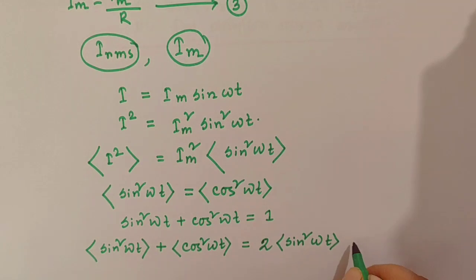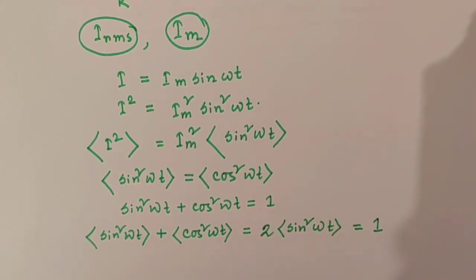Clear? So this average value is 1. What is the average value of sin square omega t then? From here we can write the average value of sin square omega t is equal to 1 divided by 2, or half.